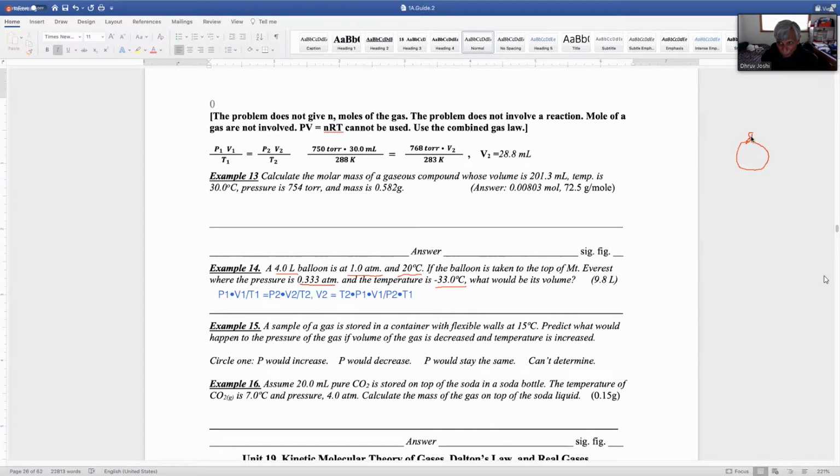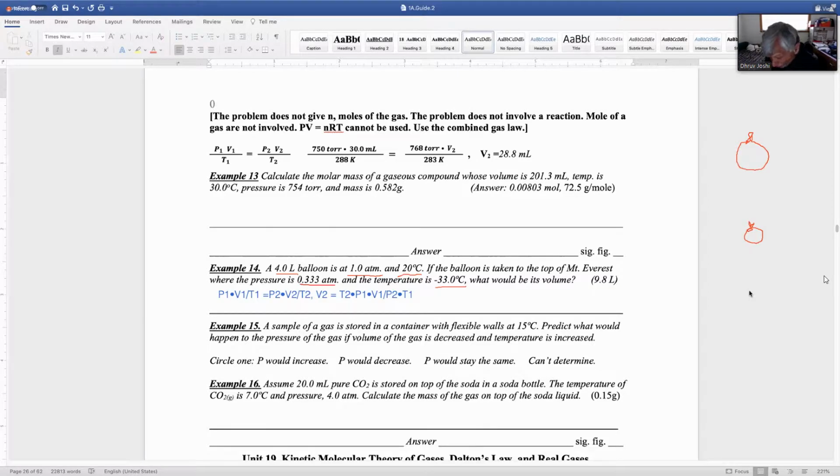Suppose this is my balloon. And then what would happen to the pressure of the gas if the volume of the gas is decreased? So now the volume is decreased. There, the volume is decreased. And the temperature is increased.